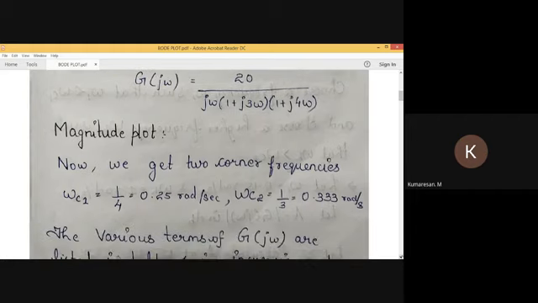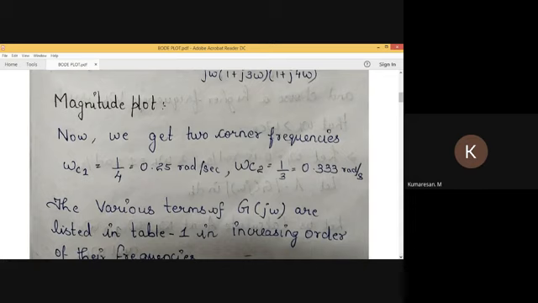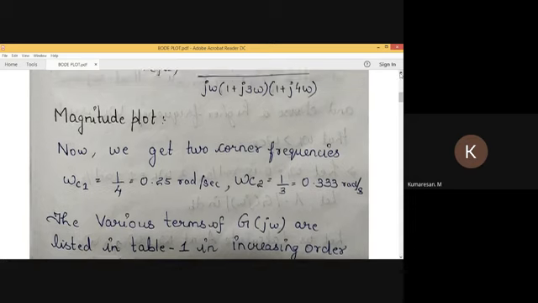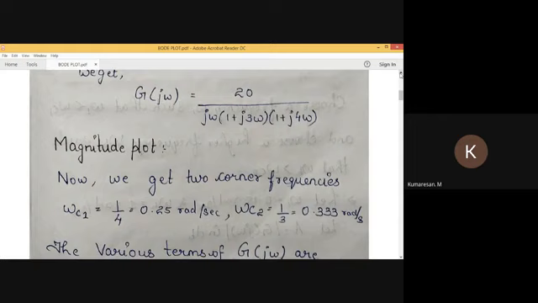Now we get the corner frequencies. How are we going to find the frequency? Just look at the numerator. The numerator has only 20.